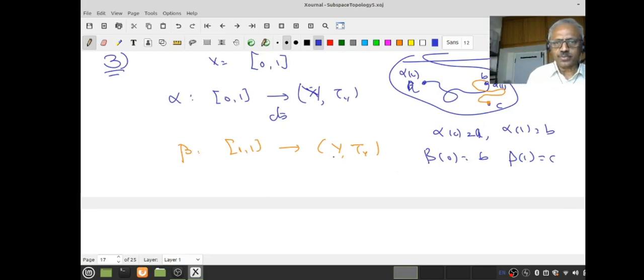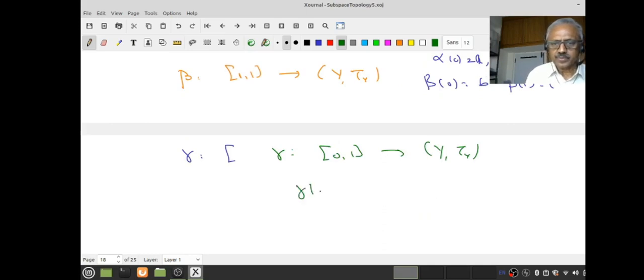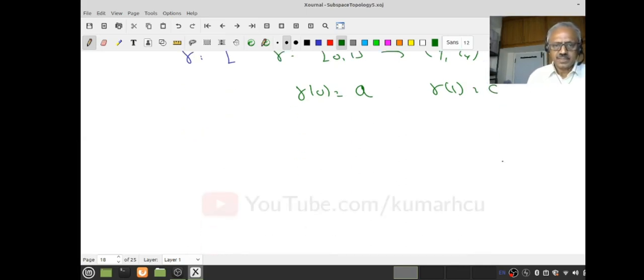Therefore I am looking for a gamma from 0 1 to y, so that I want gamma of 0 to be A and gamma of 1 to be C, and this must of course be continuous, right? So what I do is this, I look at 0 to 1, look at half.